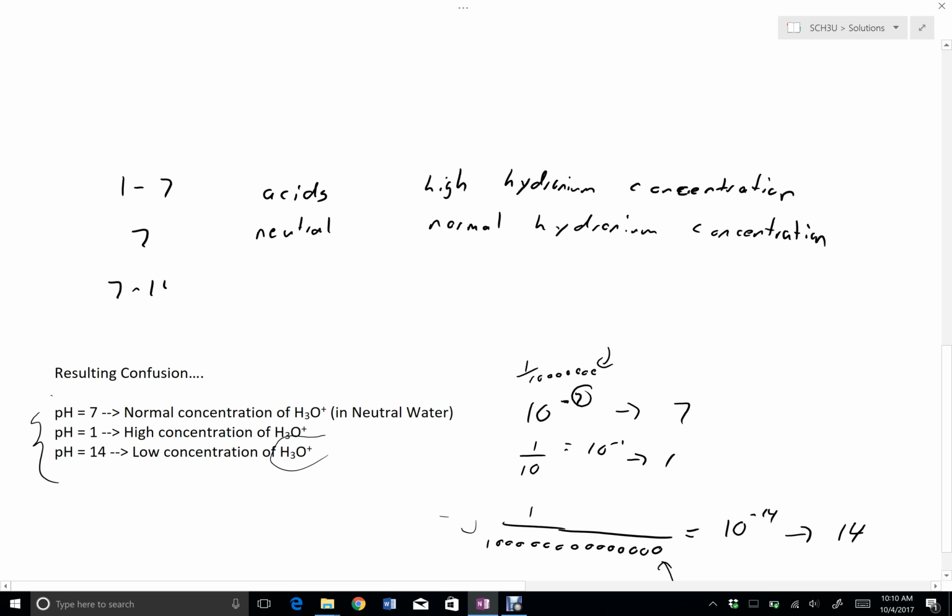And 7 to 14 represents bases, which have high hydroxide, causing low hydronium populations.